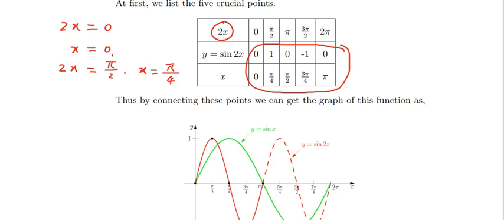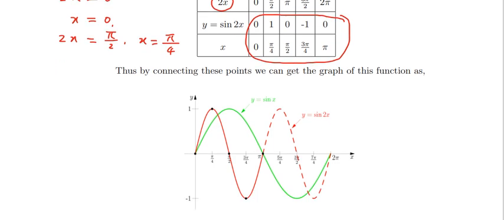Then pi over 2 with 0, 3 pi over 4 with negative 1, and pi with 0. So from 0 to pi is one period. Then just repeat it again and again.